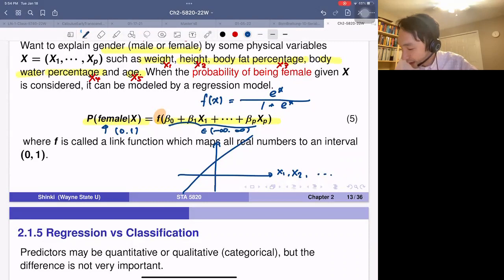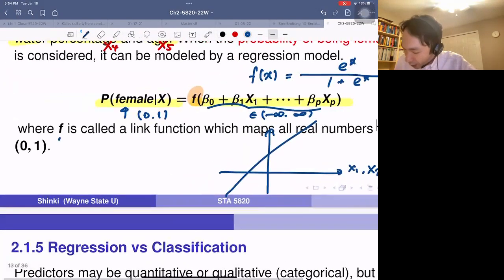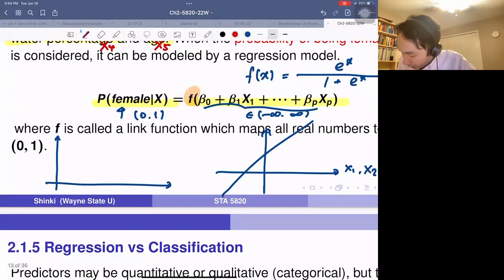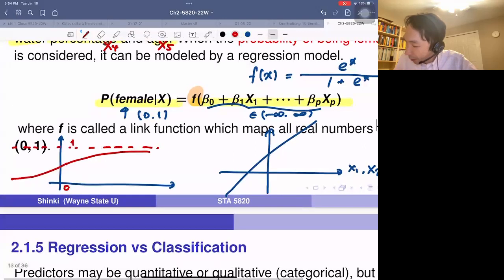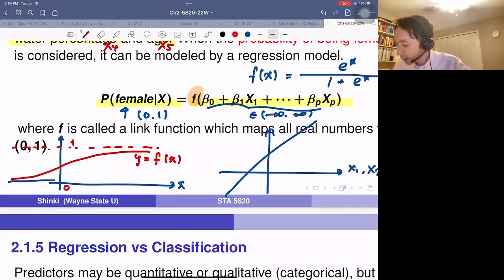If x gets larger and larger, f of x approaches 1, and if x gets smaller and smaller, then e to the power x is almost 0, so f of x goes to 0. You can see that this function f looks like this: it approaches 1 if x goes to infinity, and approaches 0 if it goes to negative infinity. So this is logistic regression.